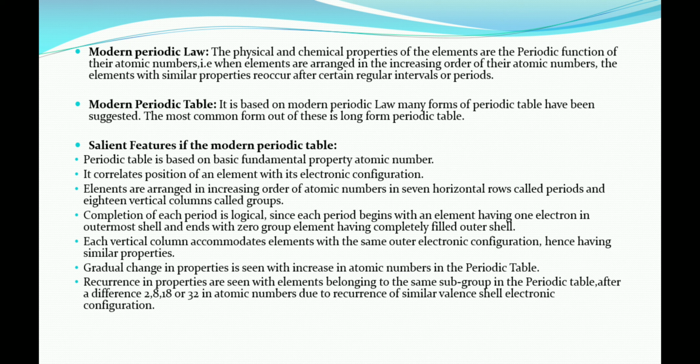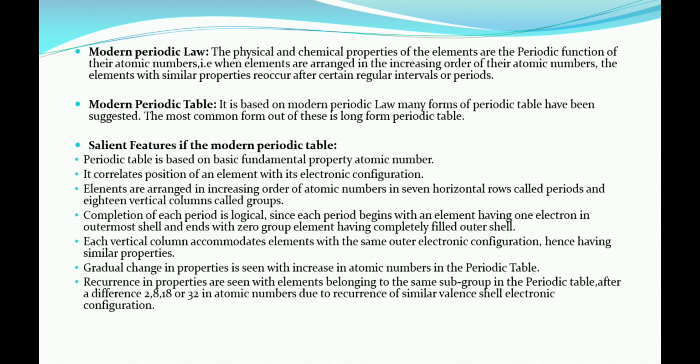The modern periodic law is also called Moseley's periodic law. It states that the physical and chemical properties of the elements are the periodic functions of the atomic numbers. That is, when elements are arranged in the increasing order of their atomic numbers, the elements with similar properties reoccur after certain regular intervals or periods.